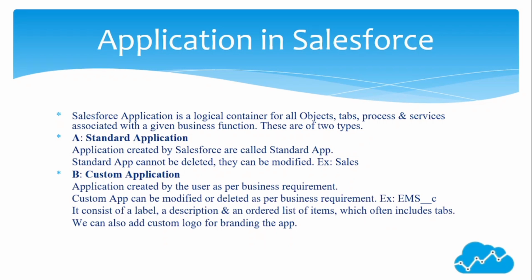In the standard application, we are not finding this underscore underscore c. It consists of a label, a description, and an ordered list of items, which often includes tabs. We can also add a custom logo for branding the app.